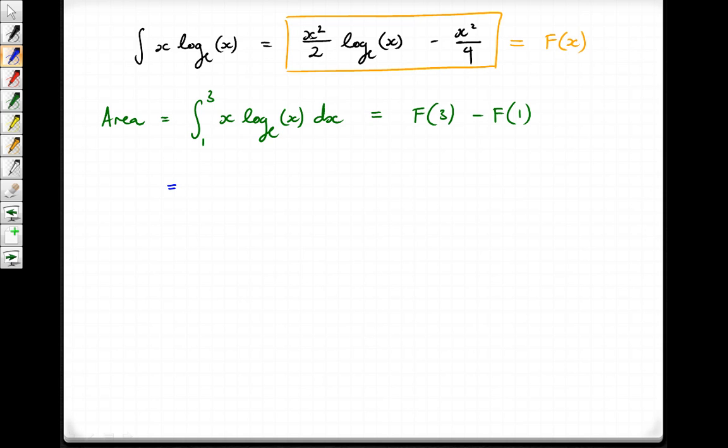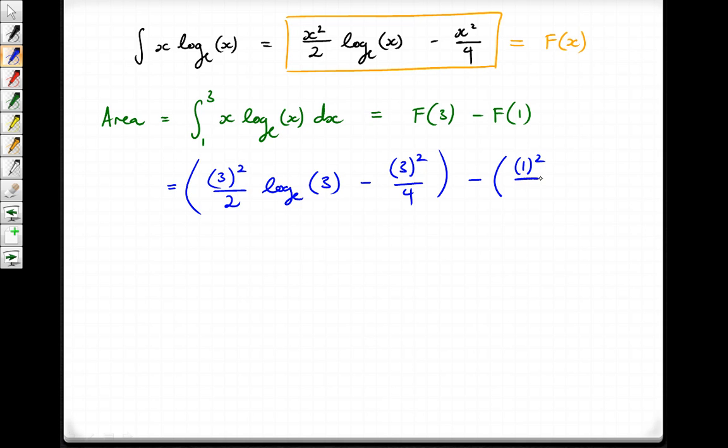So I'm just going to substitute in now. My area is equal to F of 3, which gives me 3 squared on 2 log e of 3 minus 3 squared on 4. And then away from that, I'm going to subtract off F of 1, and F of 1 just gives me 1 squared on 2 log e of 1 minus 1 squared on 4.